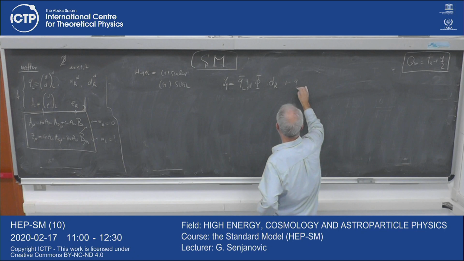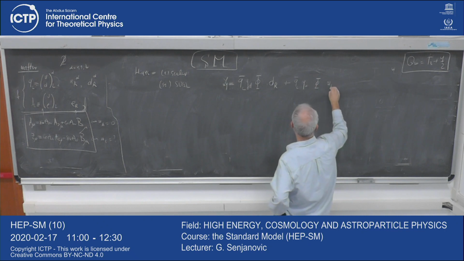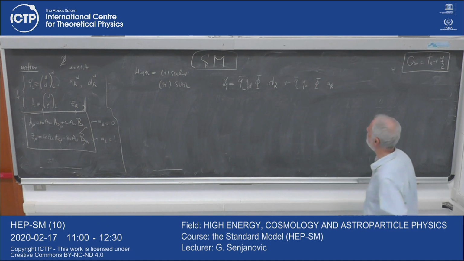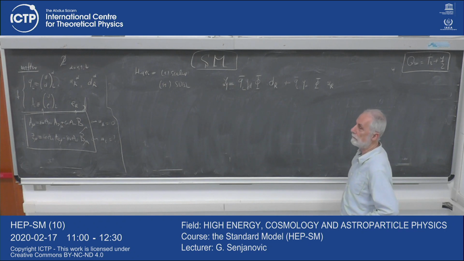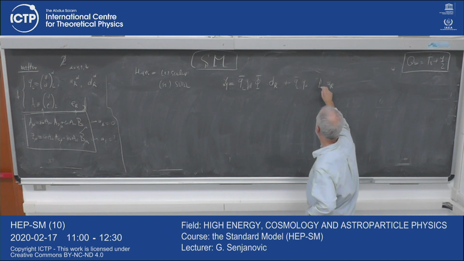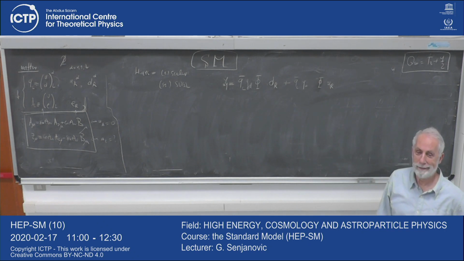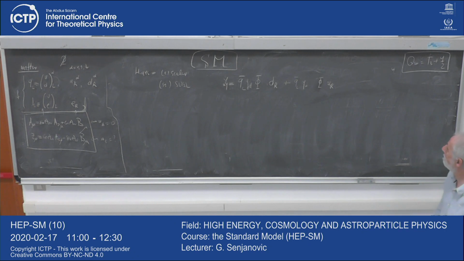But I want to do this for the up quark also. Yukawa up, phi, uR. Can this work? Yes or no?